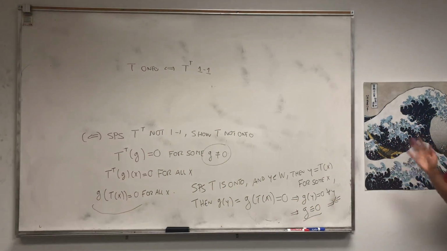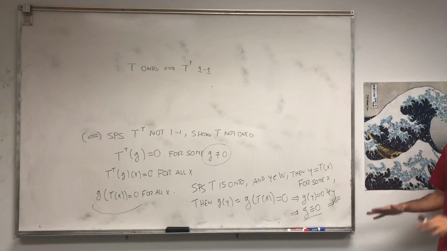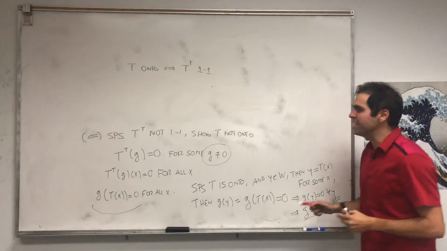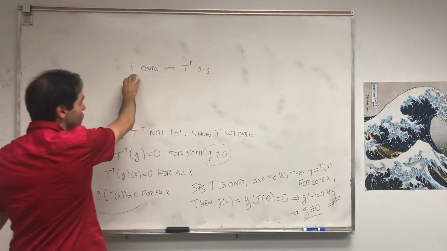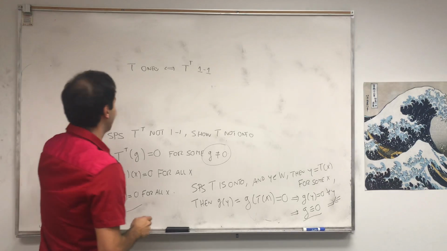All right, and in fact, it's also true that T transpose is onto if and only if T is 1-to-1, but you have to be slightly careful. So it is okay to replace T by T transpose.